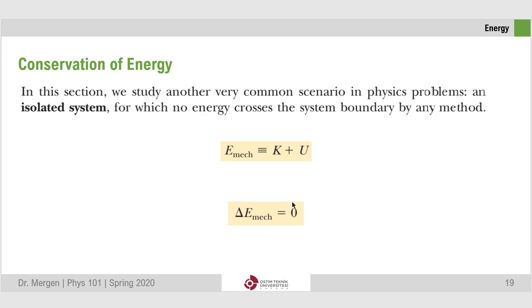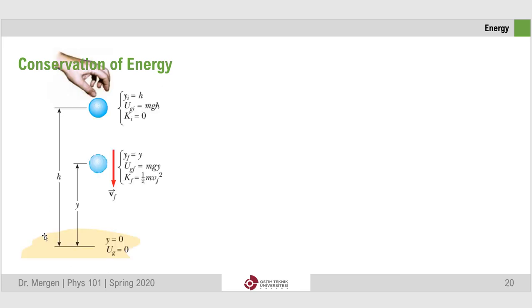Of course, in real life this is not possible, but when we are modeling systems as engineers, we can assume that the system is isolated from its surroundings. Let's take a look at this ball example in order to explain conservation of energy.